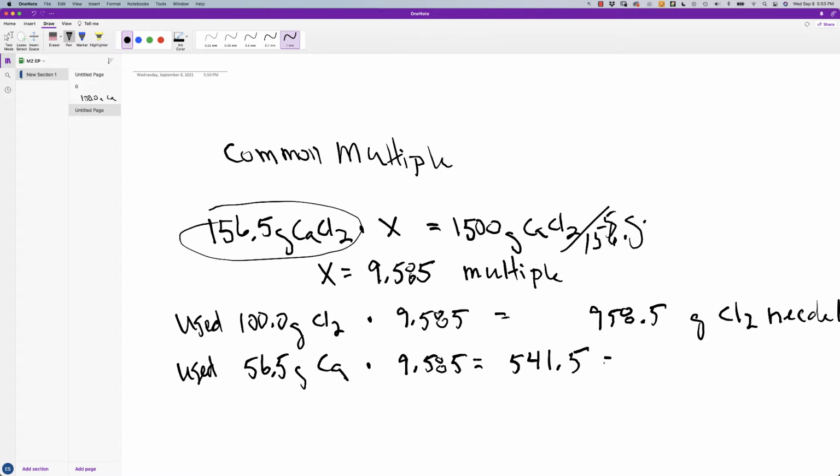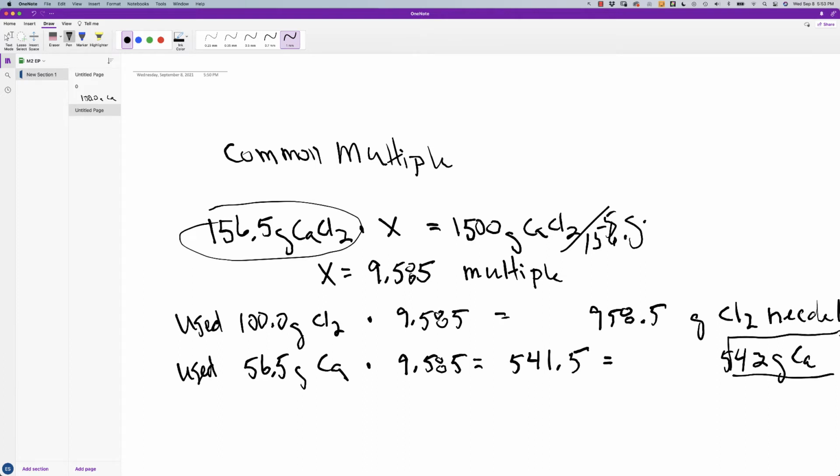And if we consider significant figures here, you've got 3. Up here you had 4 on both, so our answer could have 4. Here we only have 3 significant figures, so when we get done with this, the 541.5 becomes 542 grams of calcium. And that's how much calcium is needed.